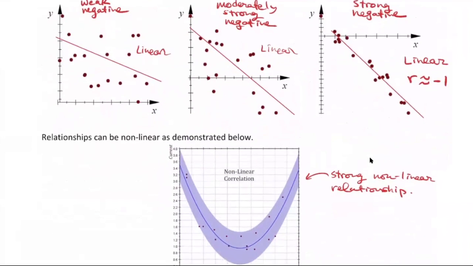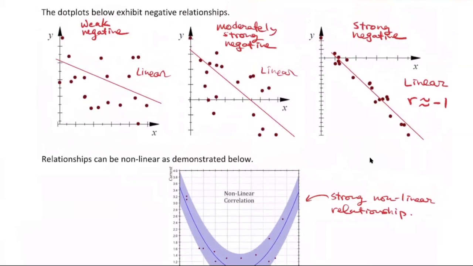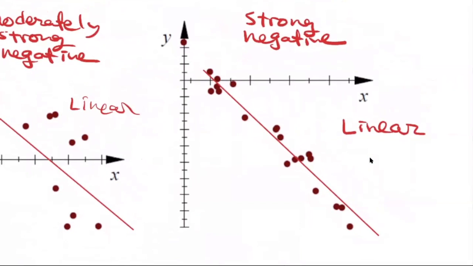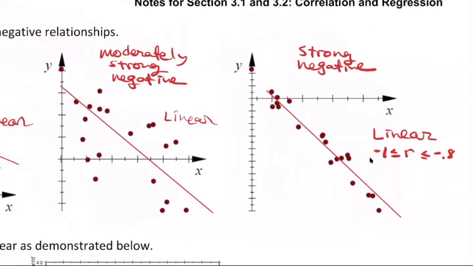Then with the negative relationships, I'm going to go back to that chart again and just use its notation. So when it's strong negative, your R should be between -1 and -0.8. Okay, and I'm okay with an or equal there. Doesn't matter. And with a moderate negative relationship, R is going to be between -0.8 and -0.5.